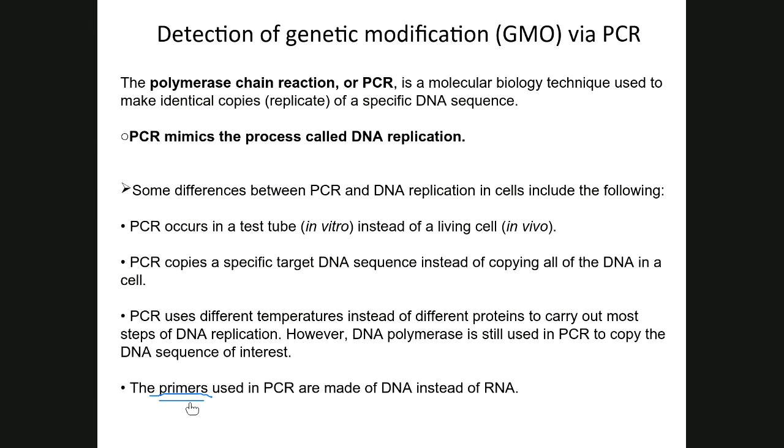Normally the way it works is scientists design these primers to locate only GMO DNA. So it's the primers that allow you to detect if your plant, or a food source, is from a GMO plant.